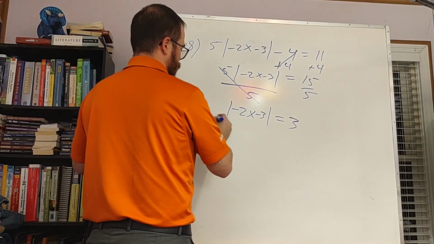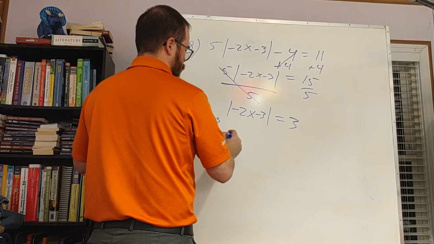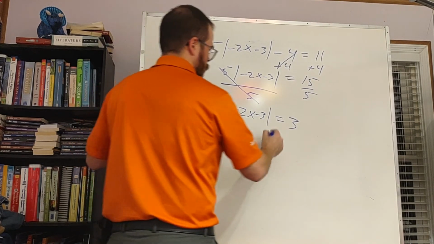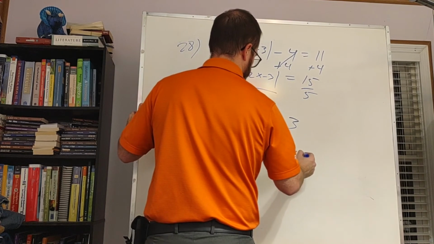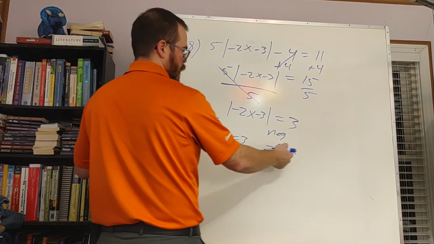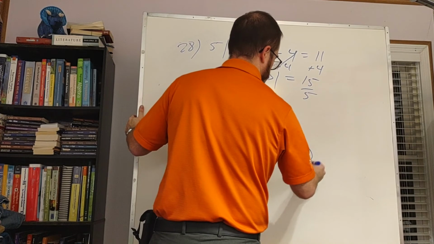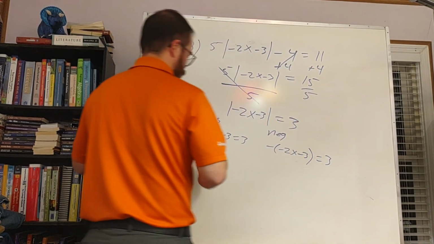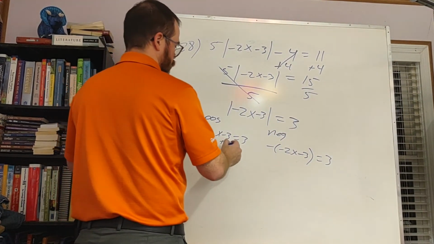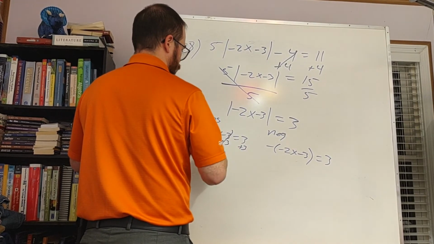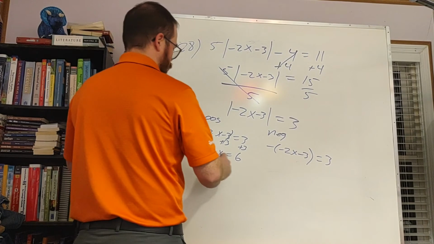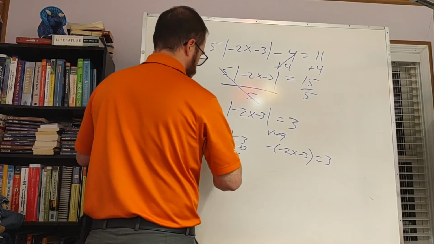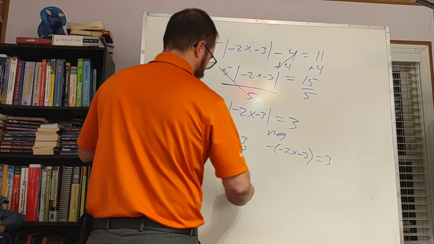Positive case, we've got -2x -3 equals 3. Negative case, we've got negative out front, so negative of -2x -3 equals 3. And so over here we add 3 to both sides, -2x equals 6, divided by -2 on both sides, x equals -3.